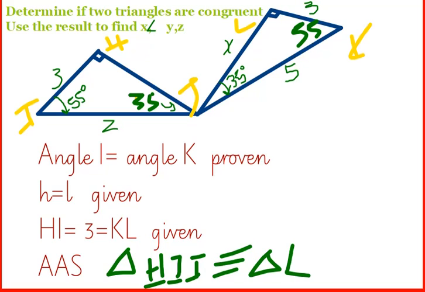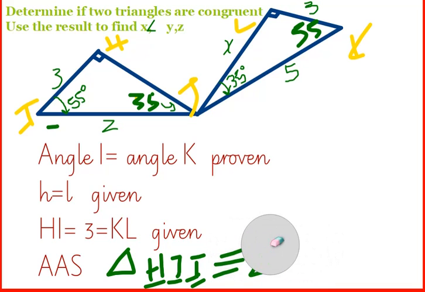And this J, which is 35, matches with the J there, and I matches with the K because it's 55 degrees. That means yes, they are equal. Because I don't have enough space, I'm going to rub this off and then continue to the next statement, because they say determine if 2 triangles are congruent. We've determined that. Use the result to find x, angle y, and z.